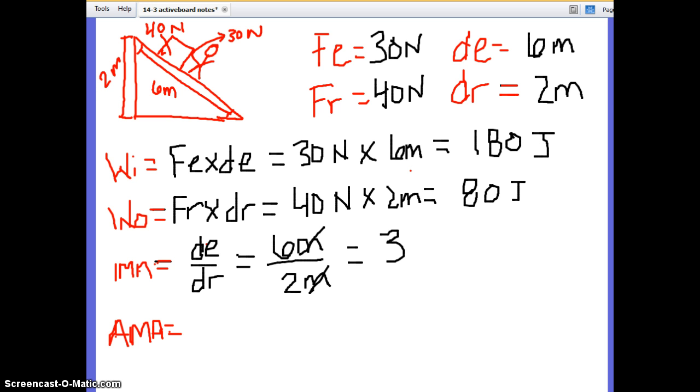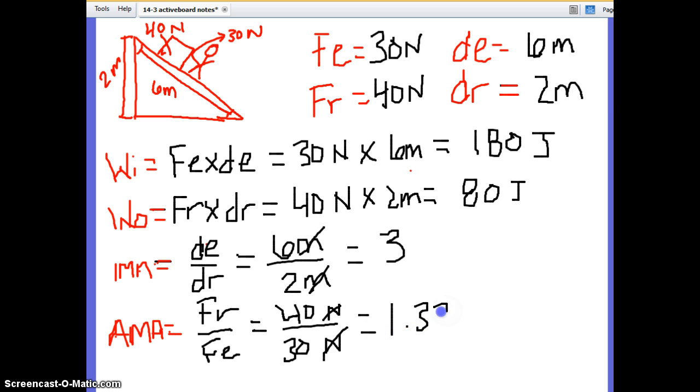AMA is your FR divided by your FE, which is 40 newtons divided by 30 newtons, and your newtons cancel out, and this equals 1.33.